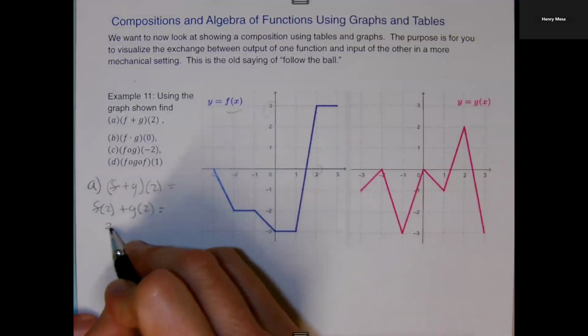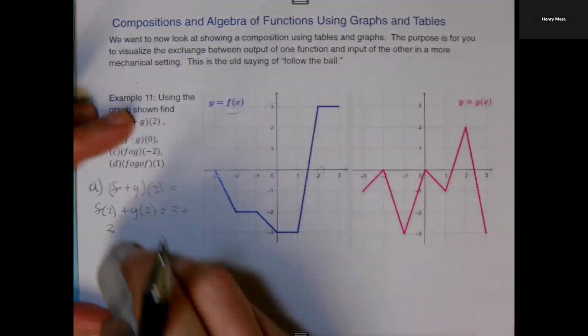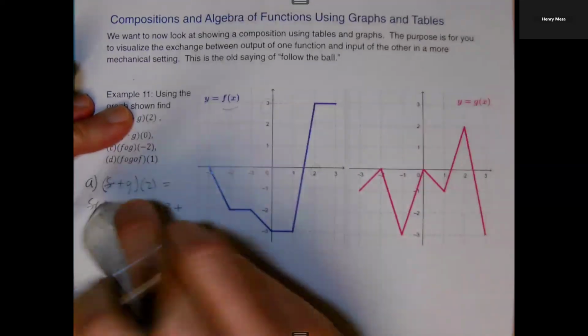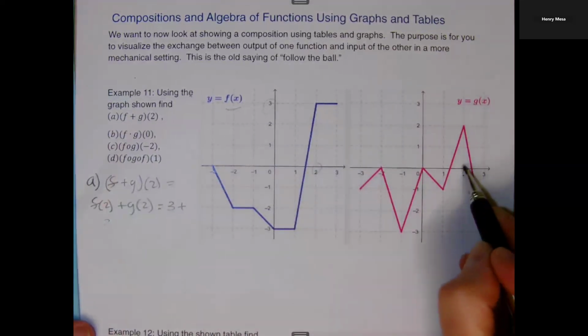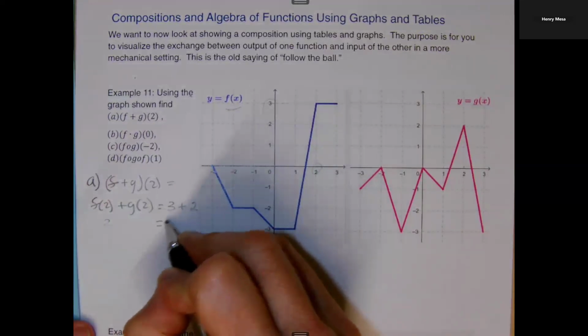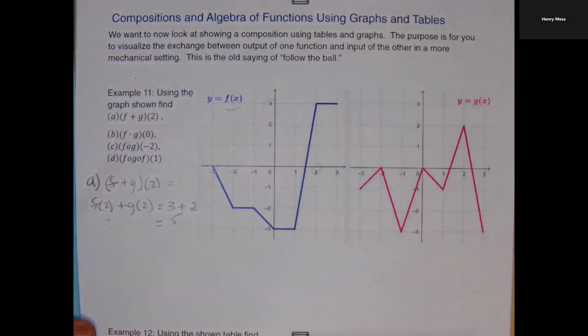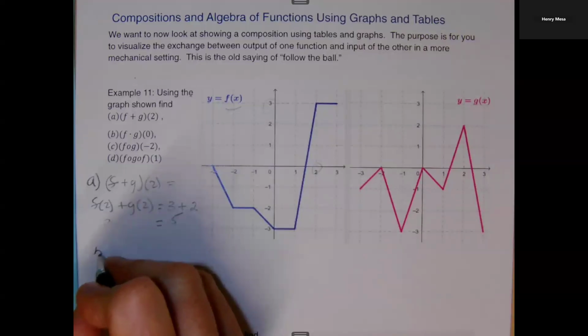It's a 3. I write it over here, plus, and now do the same for g of 2. Follow it, and I get a 2. So add them together, boom. That's the whole meaning of that process.